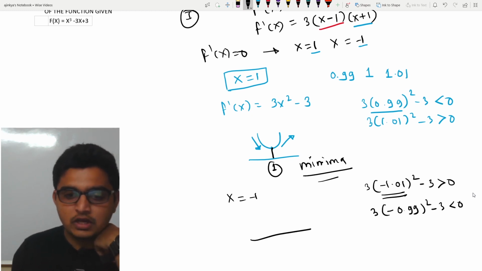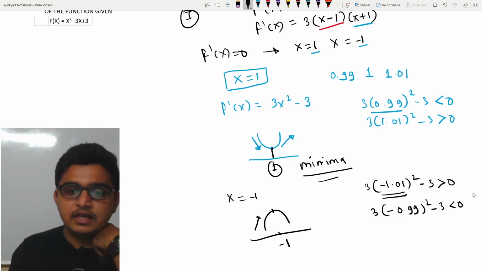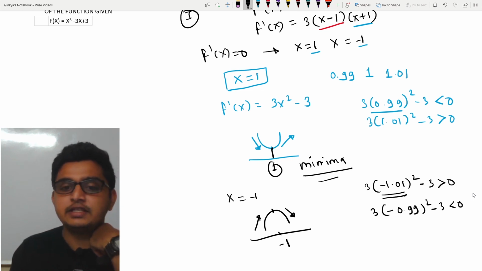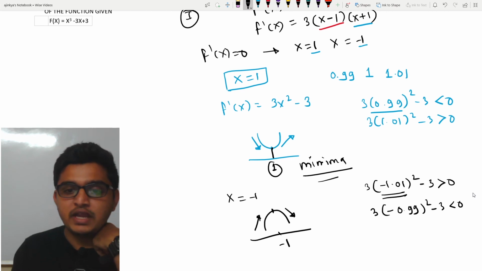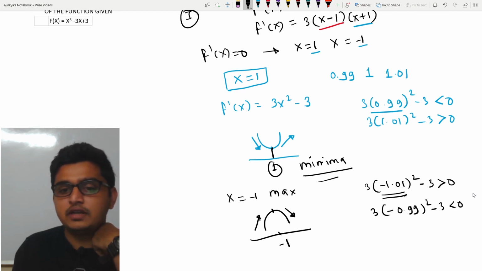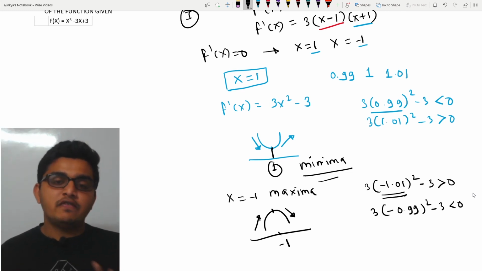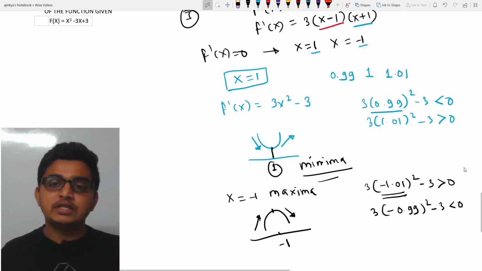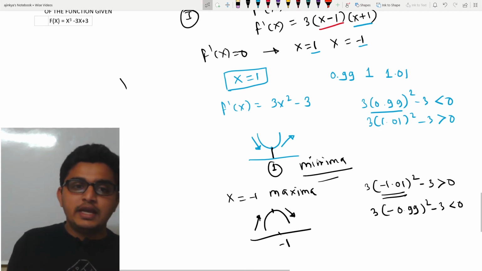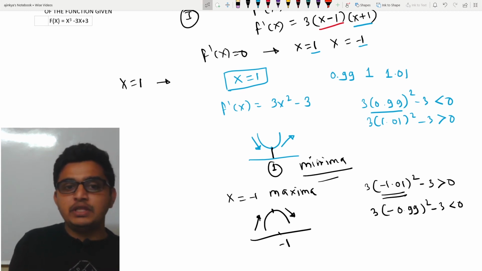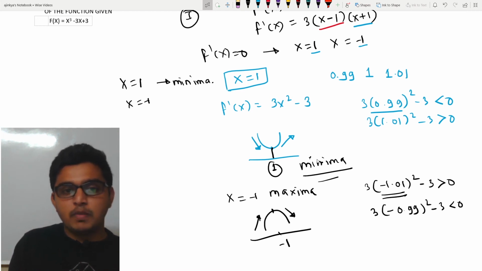If you take it on a graph, and if this point is minus 1, on the left side the graph is increasing, on the right side it is decreasing. So you can say that x equals minus 1 is the maxima of that particular function. Now we have found the only 2 points: x equals 1 is going to be the local minima, and x equals minus 1 is going to be the maxima, as we have stated.